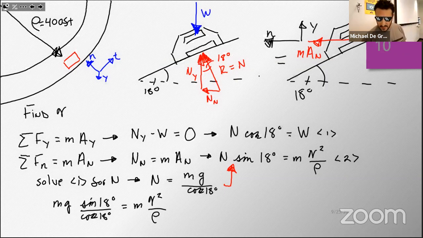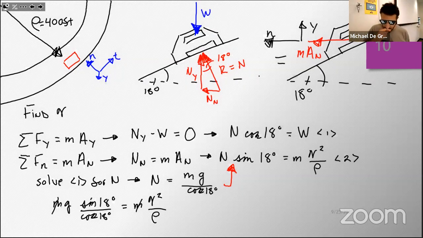Well, check this out. My masses cancel. Turns out that it has nothing to do with the mass of the car. This is good for any car. You could have a Cybertruck, or you could have a Prius, and this would be the same for anything, regardless of what the mass is. An 18-wheeler doesn't matter.